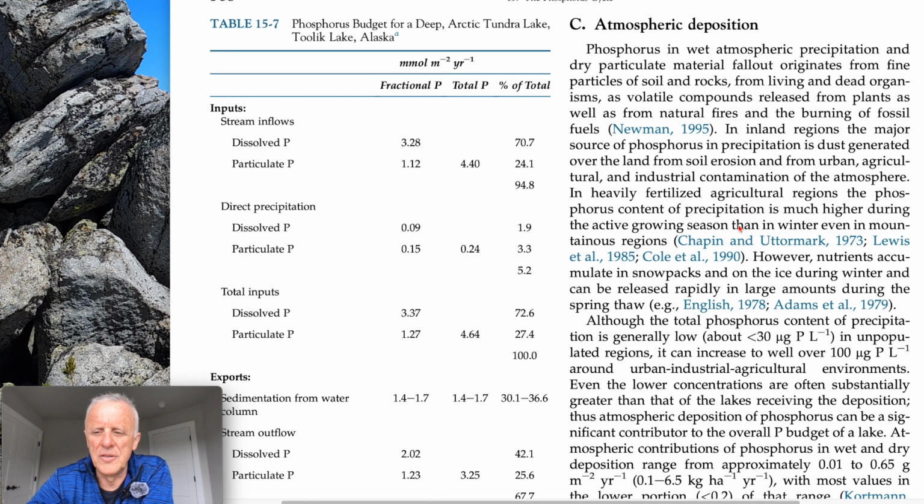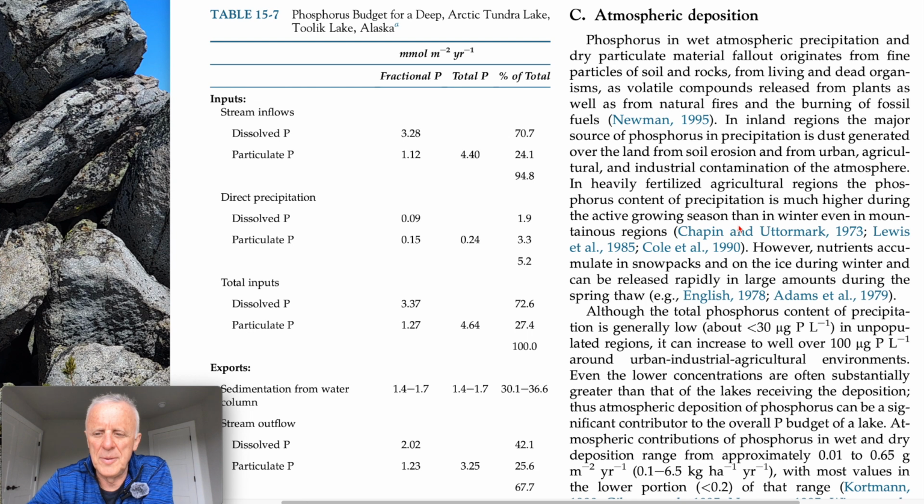In inland regions, the major source of phosphorus in precipitation is dust generated over the land from soil erosion and from urban, agricultural, and industrial contamination of the atmosphere.